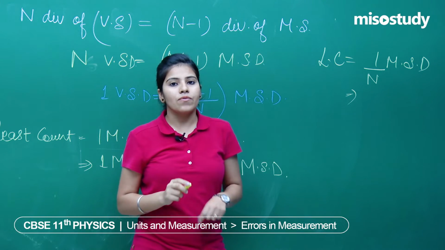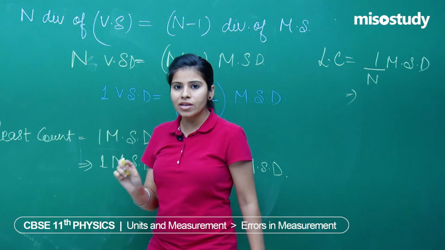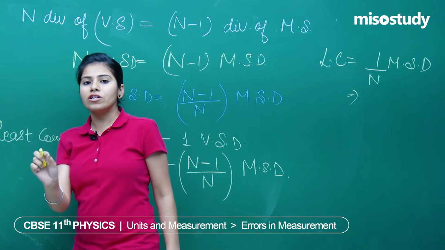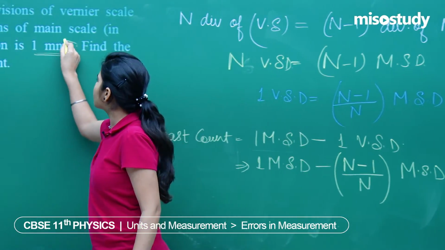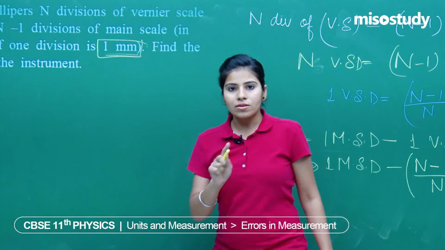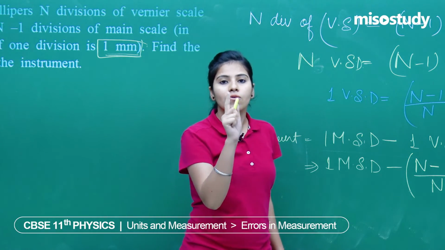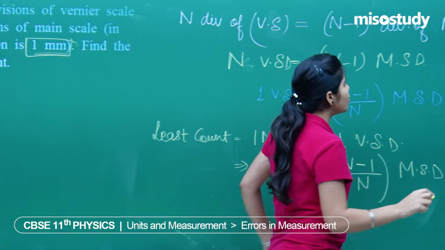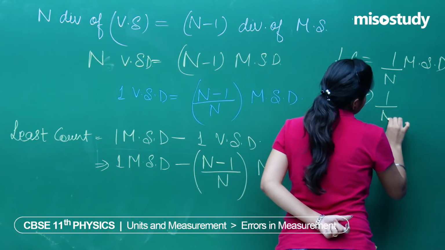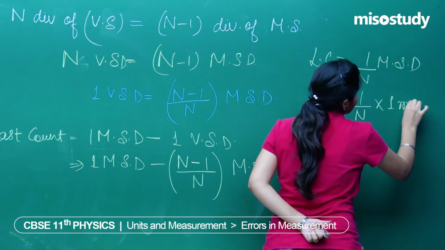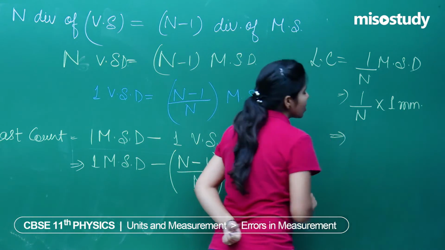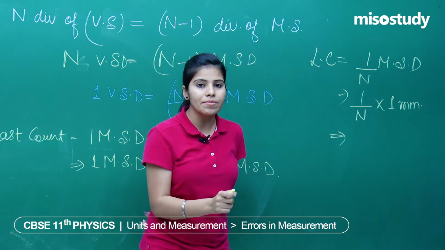Now, here in the question we have been given that 1 main scale division is 1 mm. So, we put the value, multiplied by 1 mm. You can also convert this into centimeter.